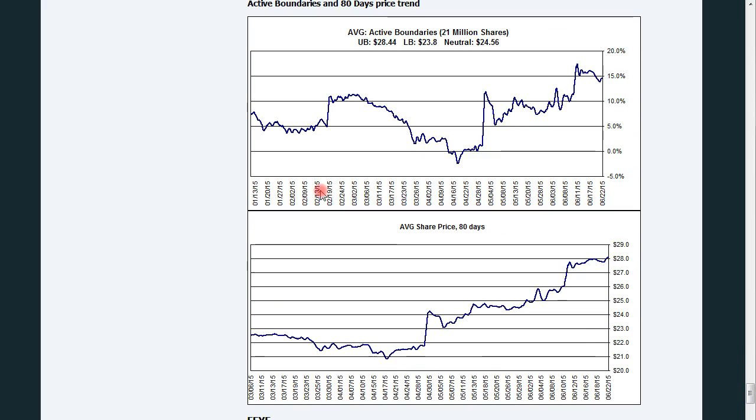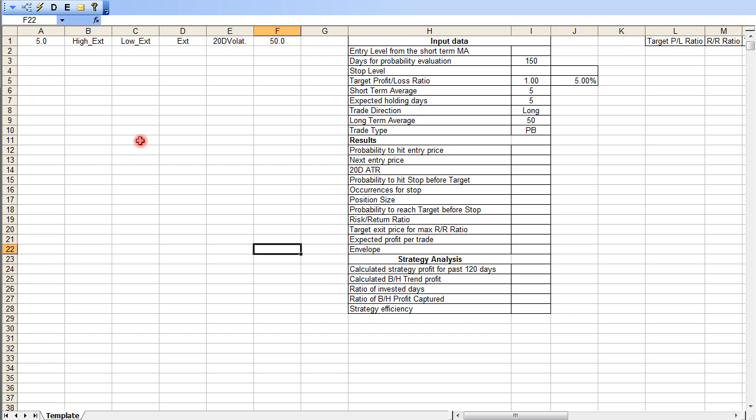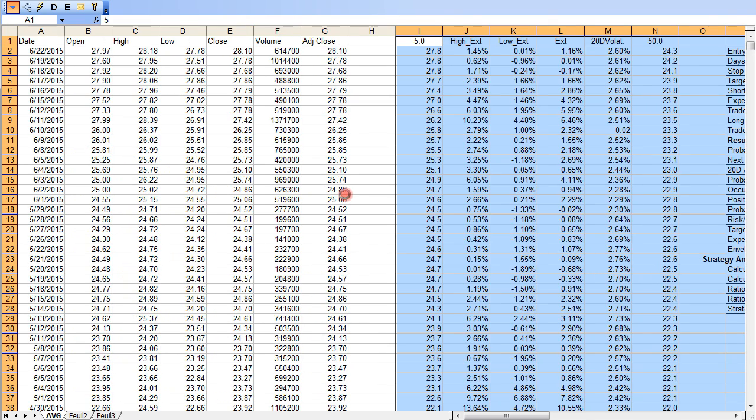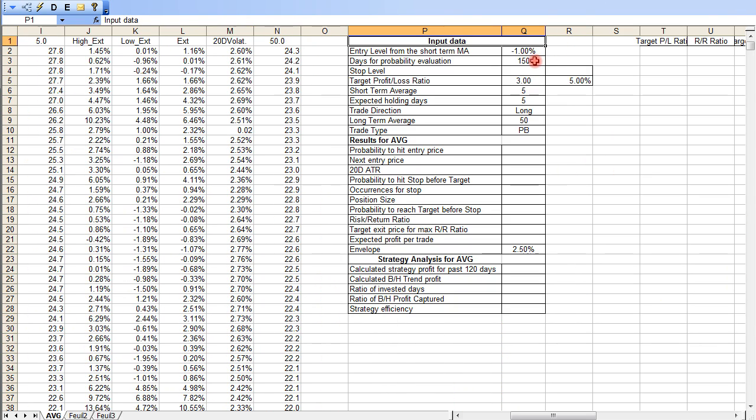So once I have done all this, what I do is open the breakout calculator here and start looking at different stocks. For example, I just looked at AVG. Let's download it. It's a long trade. So I will put, for example, 200 days here, 2.5%.